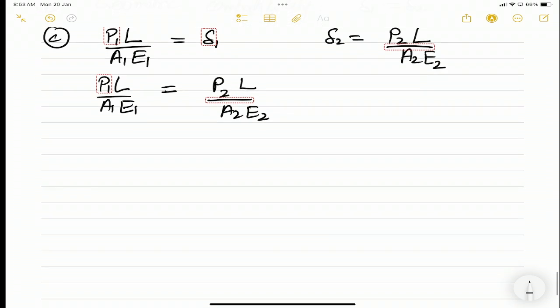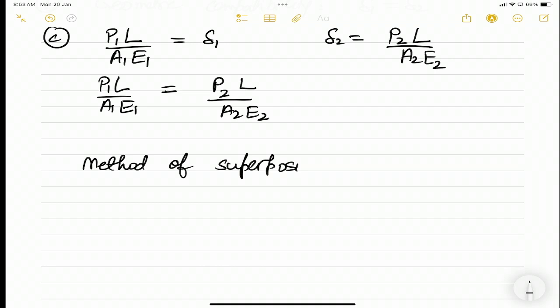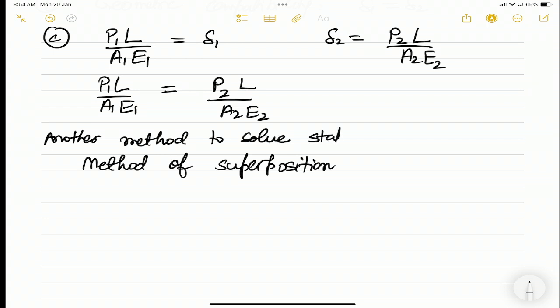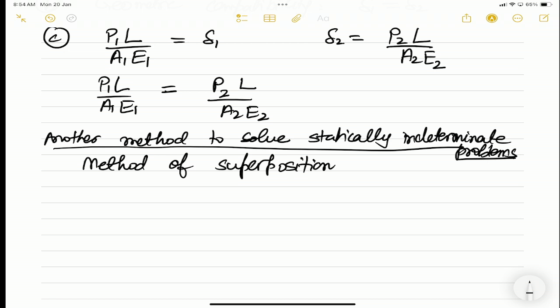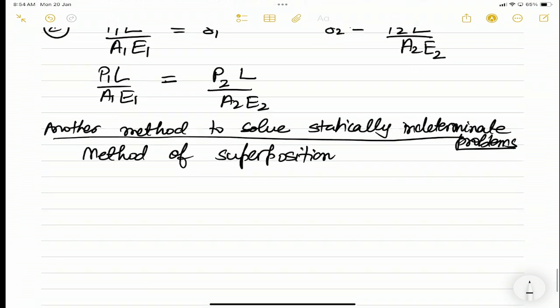There is another method which is used, and this is called the method of superposition.